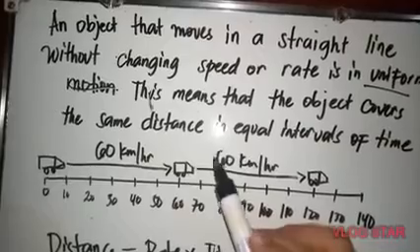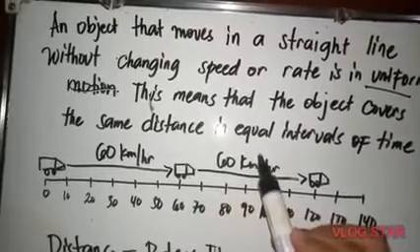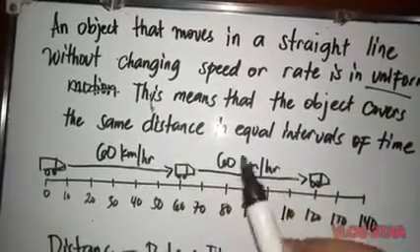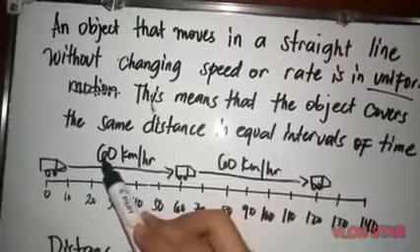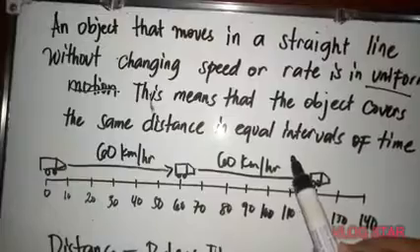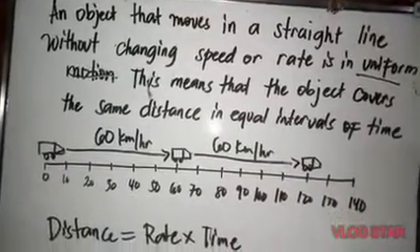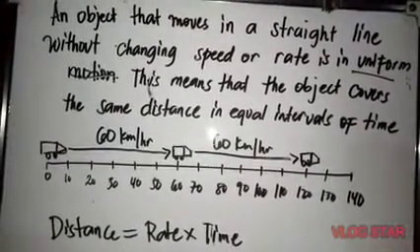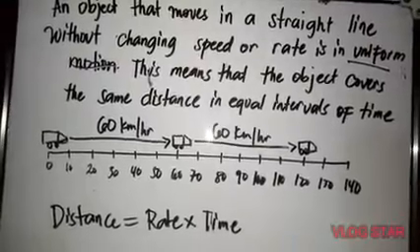So there is no change in rate or speed. We call this uniform motion.